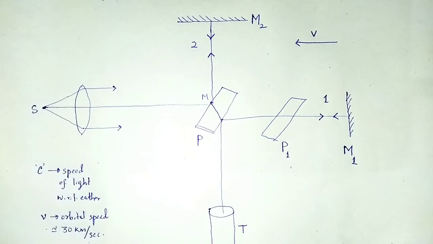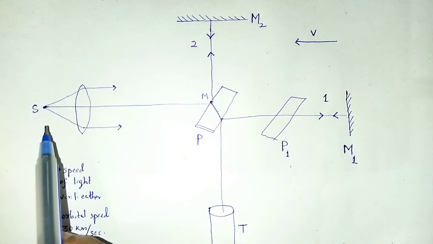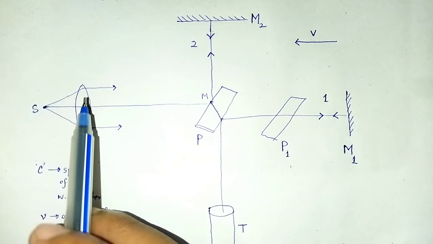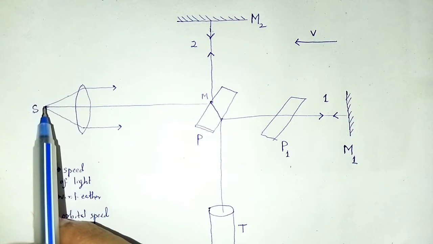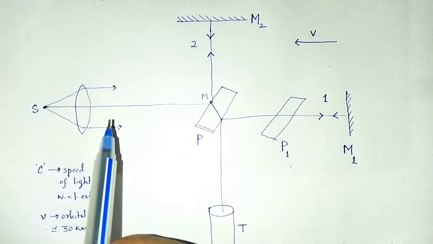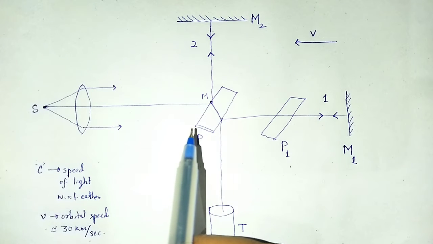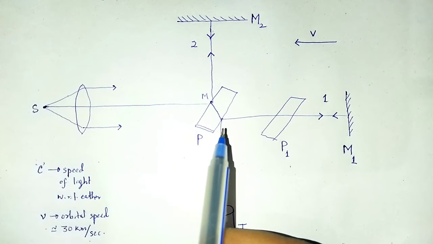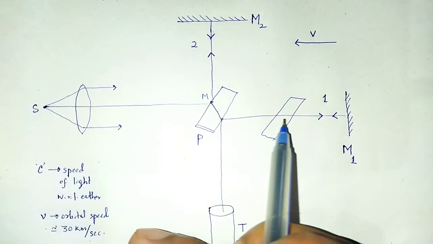Light from a source S of monochromatic light is rendered parallel by placing S at the focus of a convex lens. The parallel rays fall on a thin half silvered glass plate P, so that the incident beam is split up into two parts.